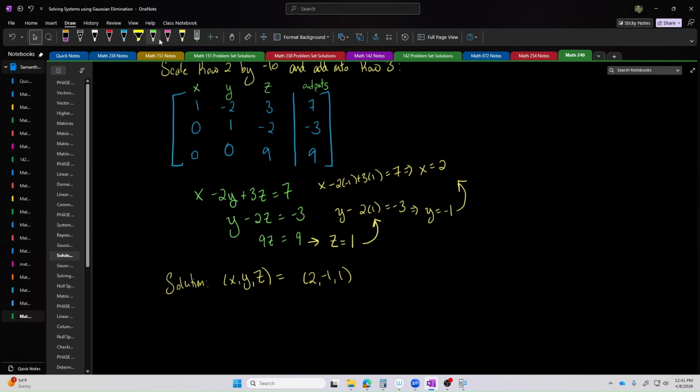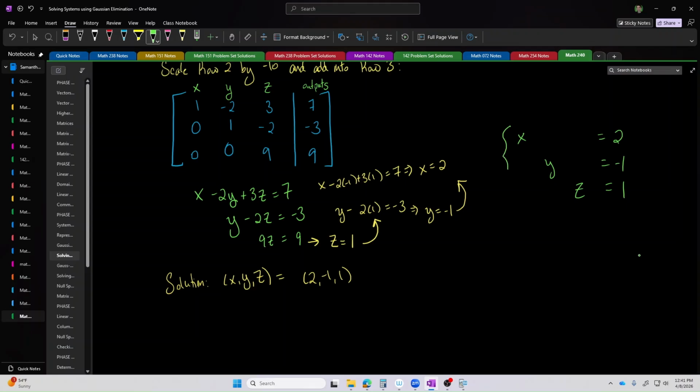Three extremely simple equations. The first equation being that x must be equal to 2. The second equation being that y must be equal to -1. The final equation being that z must be equal to +1.